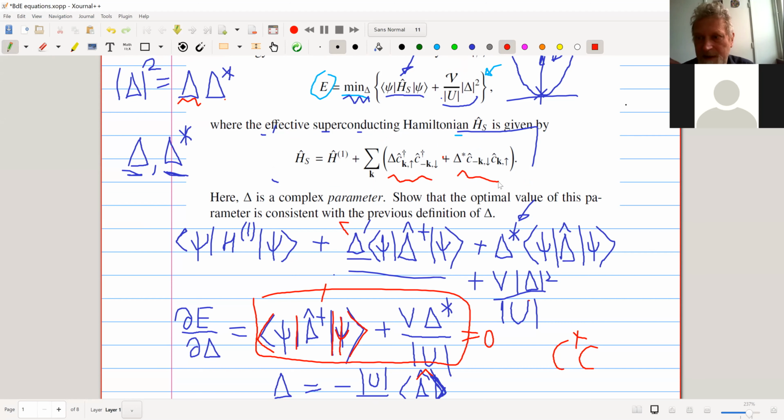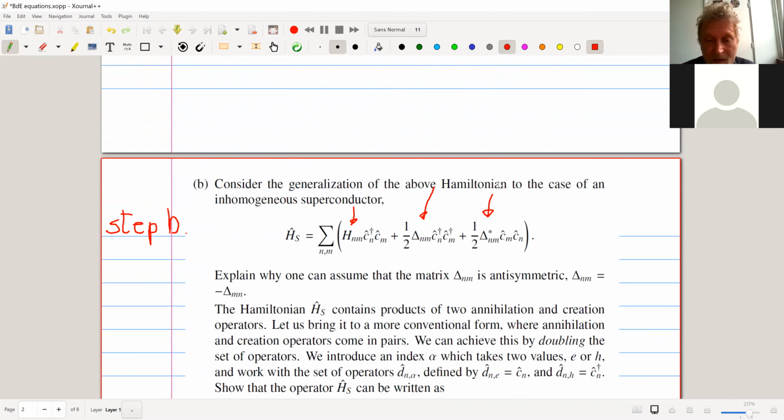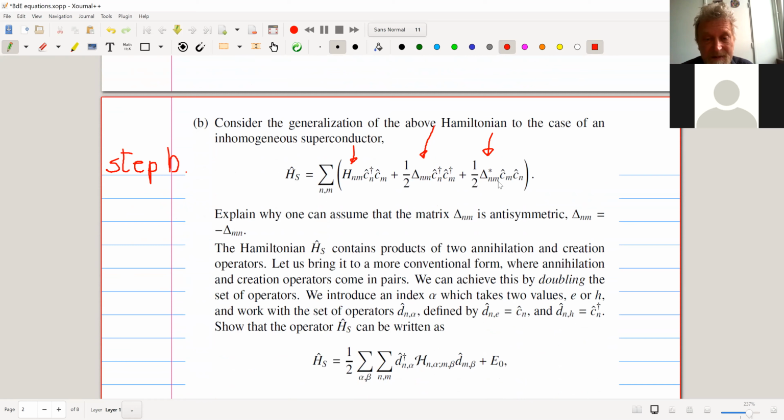So we consider generalization of this Hamiltonian. This generalization is not to make our life difficult, quite opposite. It's to make our life easier, because instead of summing up our K all the time, we can deal with rather abstract matrices. Fine. So that's what we have.